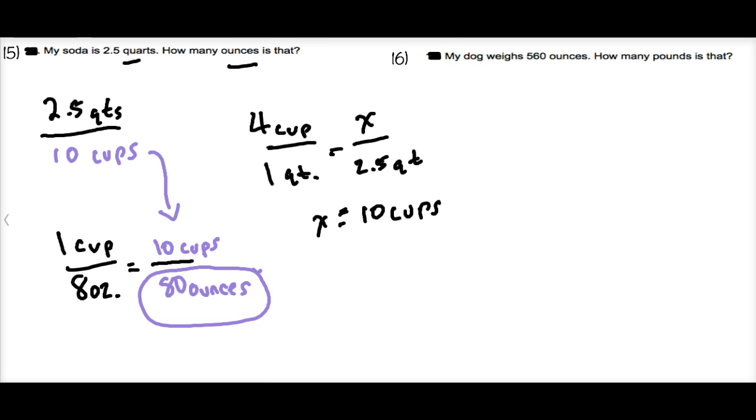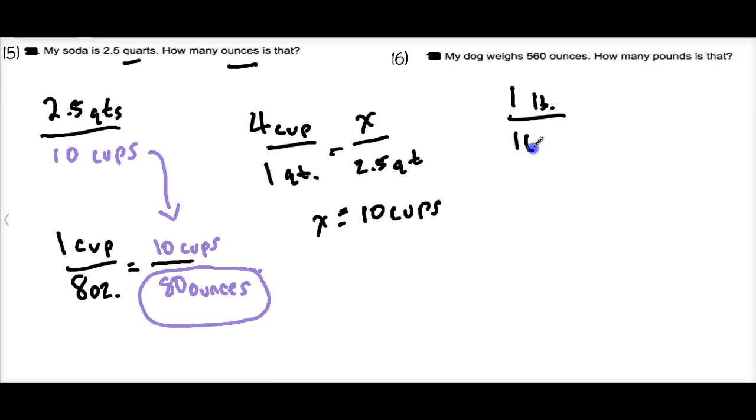Number 16, my dog weighs 560 ounces. How many pounds is that? Well, you have to know how many ounces are in a pound. For 1 pound, that's not the abbreviation, 1 pound is lb.